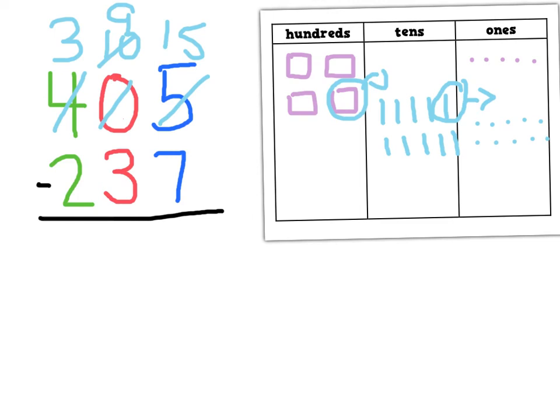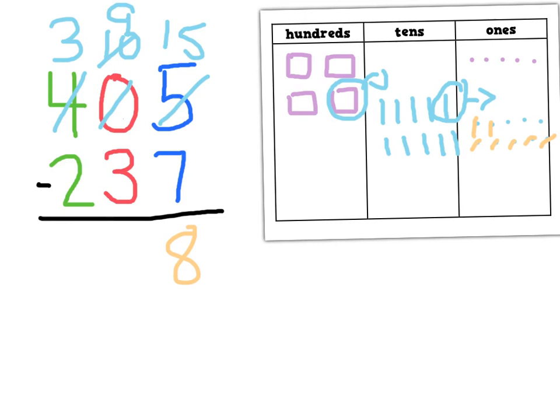Let's do it. 1, 2, 3, 4, 5, 6, 7. How many ones do I have left now? 1, 2, 3, 4, 5, 6, 7, 8. That tells me that 15 minus 7 is 8.